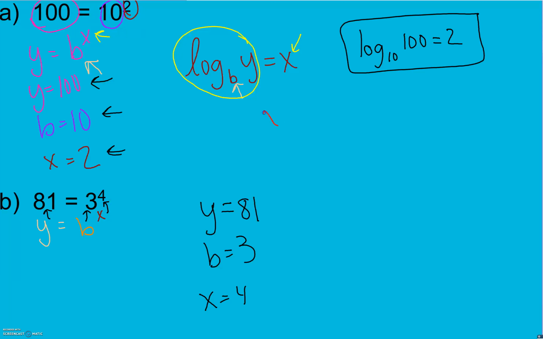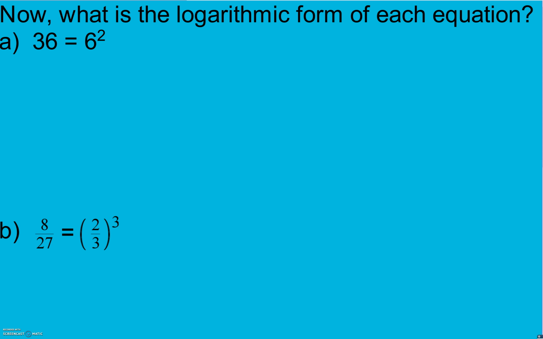We're going to use this formula again. So log base b of y equals x. Log base 3 of 81 equals 4. Okay, I'm gonna go through these here in a second, but go ahead and pause and try them.